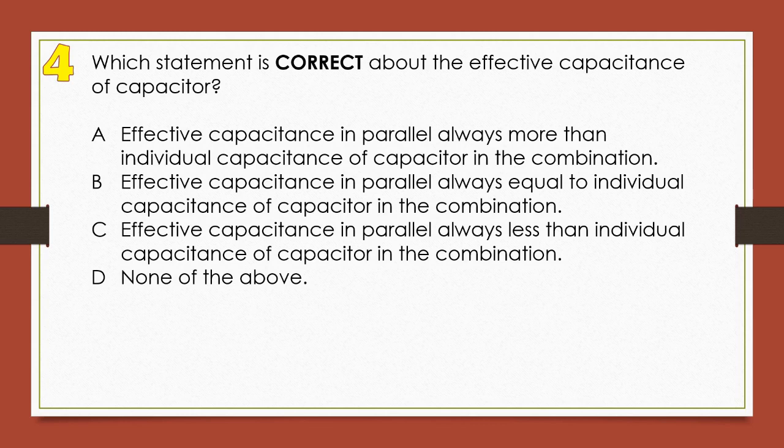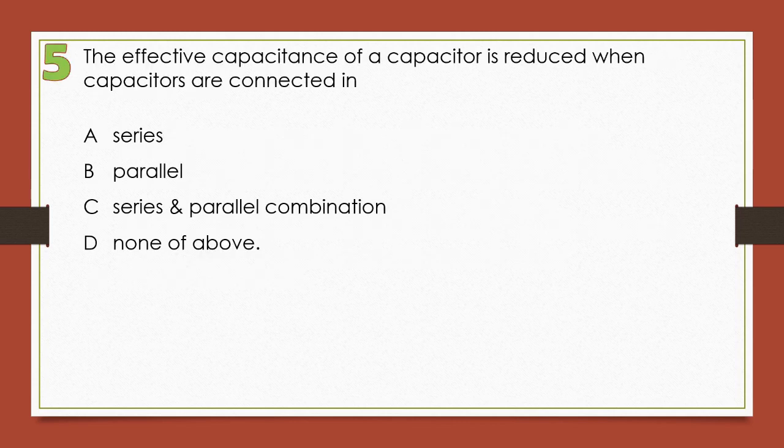For question number 4, which statement is correct about the effective capacitance of a capacitor? Question number 5, the effective capacitance of a capacitor is reduced when the capacitors are connected in?